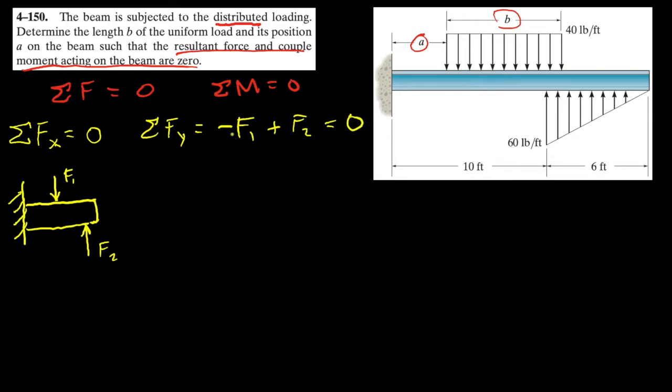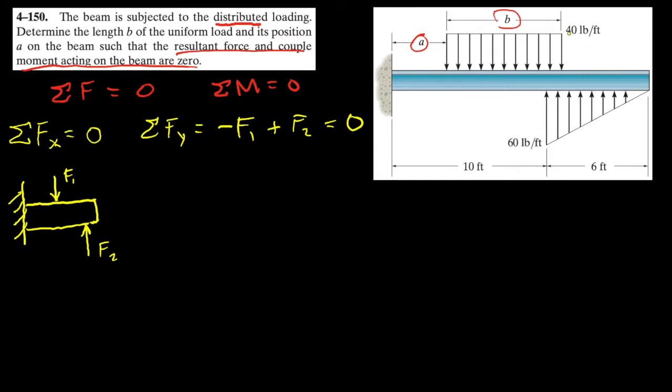Now, let's use what we just discussed with regard to finding the area to find equivalent values for F1 and F2. So for rectangular distributed loads, so uniform distributed loads, F1 in this case would be equivalent to the base times height. So for uniform loads, all we do is multiply the base by the height.